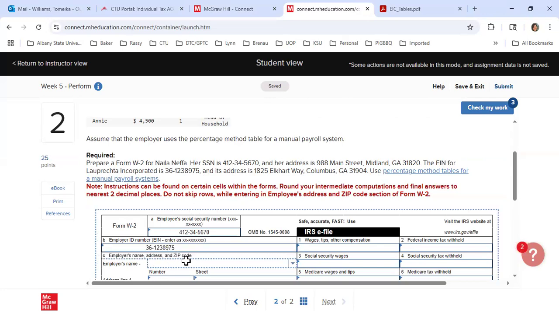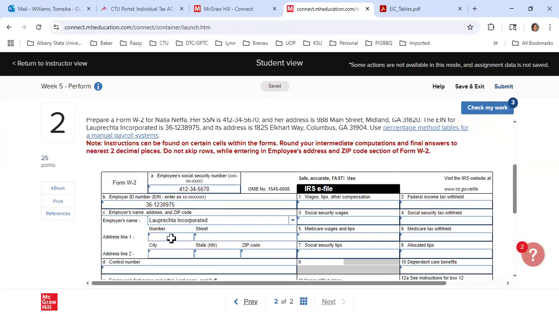The employer's name starts with an L, A-U, La Pricha Incorporated. And the address number is 1825. The street is Elkhart Way. And the city is Columbus, state, Georgia. And the zip is 31904.